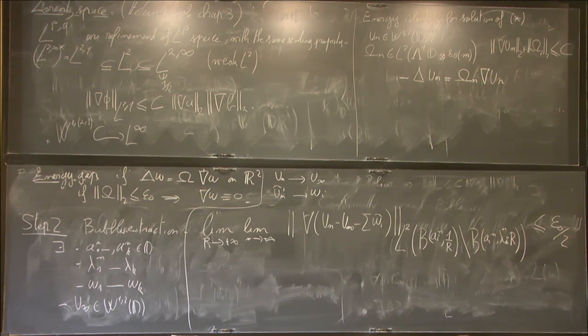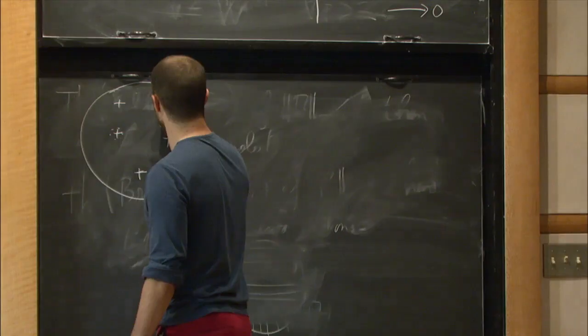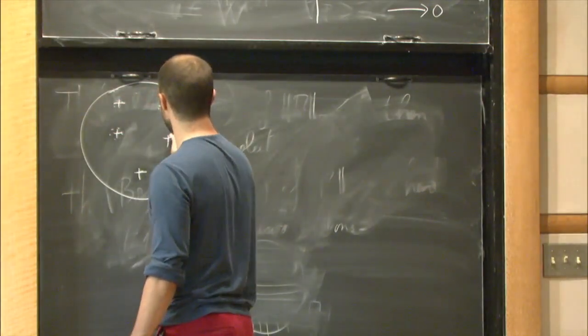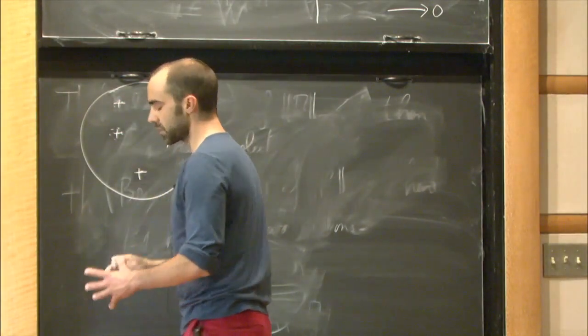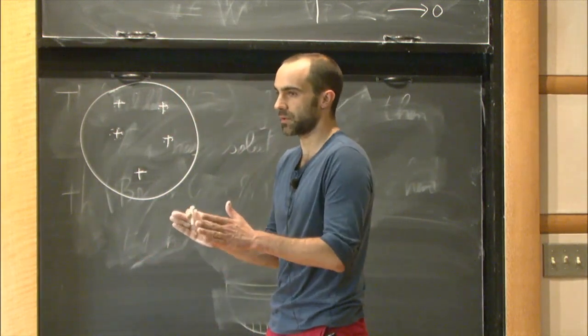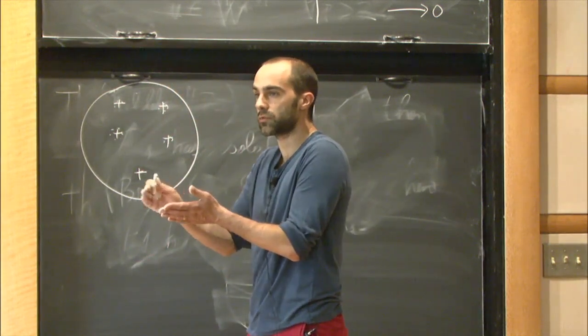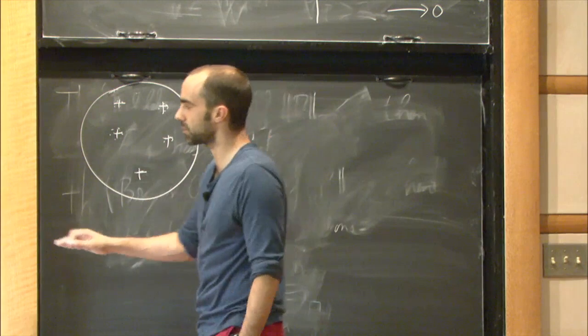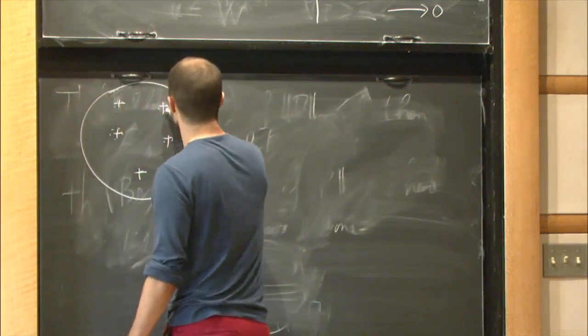So the image is just the following. You have the disk, and you have a finite number of points of concentration due to epsilon regularity. And then you pick a radius, lambda n, around each point such that it's the first radius where you start to see something, where you have at least epsilon 0 over 2 around this radius.